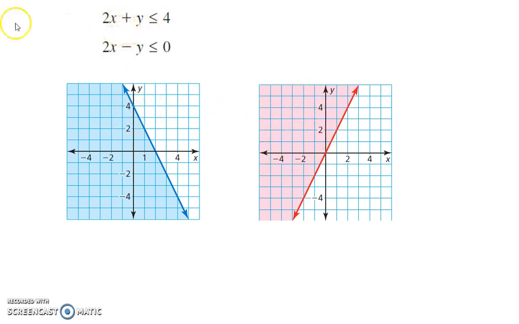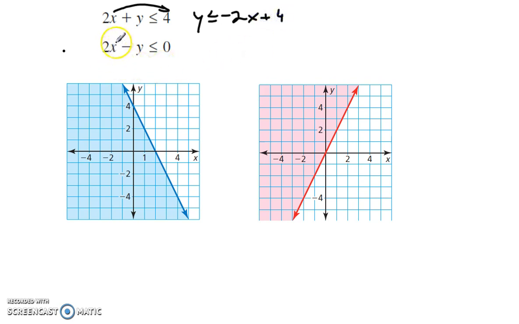Now we'd want to match these two to each graph. In order to do that, you could either pick a solution and plug it in, see which one it works for, or we can solve this, which I always recommend, solve it for y. So let's move the x to the other side. Remember, it goes across the sign changer, so we have y is less than or equal to negative 2x plus 4.